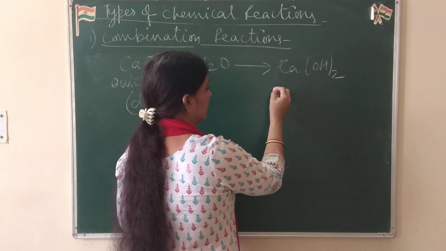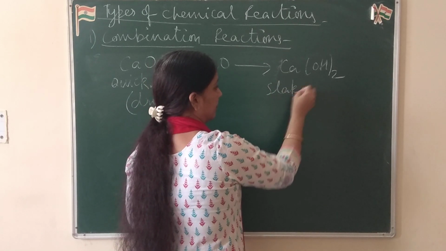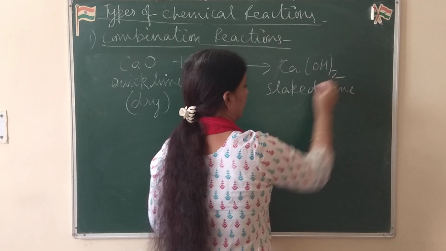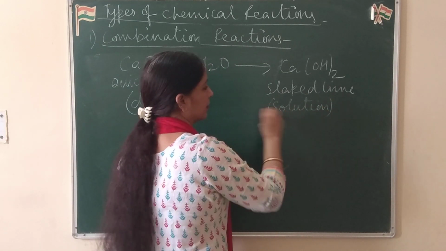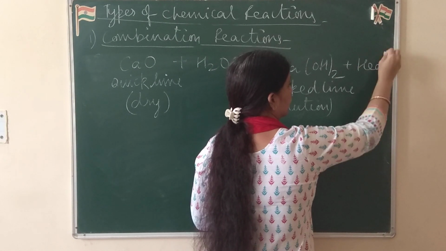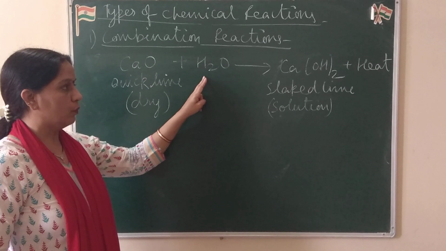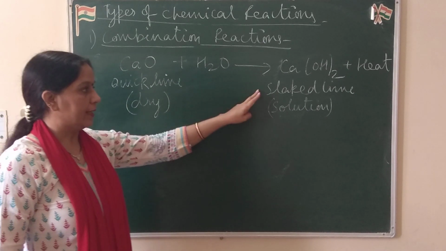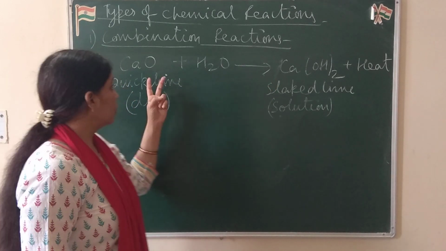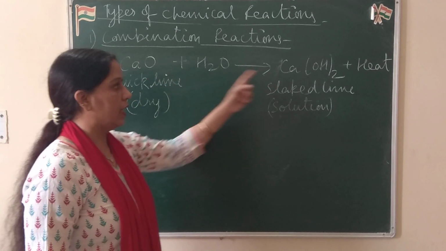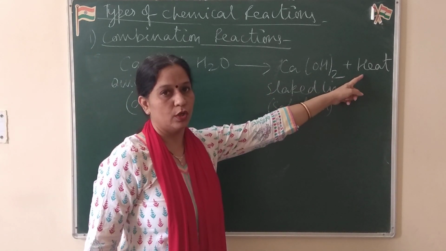Calcium hydroxide is in the form of solution and it is called slaked lime. Plus heat is released. So two reactants, calcium oxide and water, one product calcium hydroxide, and during this reaction heat is also released.